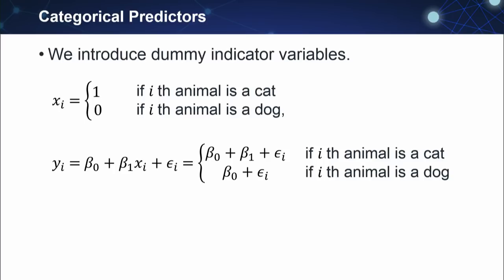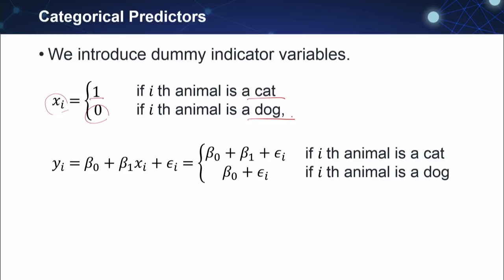Okay, so generally, these categorical predictors are handled by introducing dummy indicator variables. For a two-level categorical variable, we can encode the data with 1 and 0. For example, if this x variable can be either cat or dog, let's say xi is 1 if this animal is a cat, or 0 if this animal is a dog.